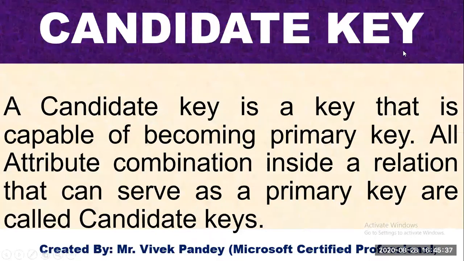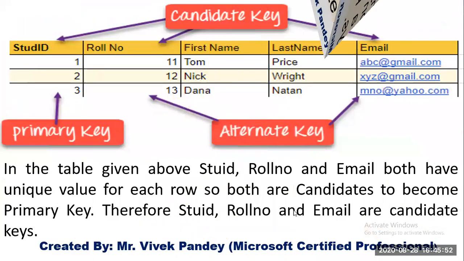What is a candidate key? A candidate key is a key that is capable of becoming a primary key. All attribute combinations inside a relation that can serve as a primary key are called candidate keys. In the table given above, student ID, roll number and email have unique values for each row.